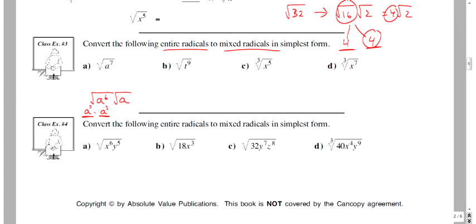Yeah, is the square root of a to the 6, a to the 3? Yeah. So the square root of that is a cubed times root a. That's a mixed radical. It's not all under the radical sign, and it's in simplest form. I can't find another perfect square in a.